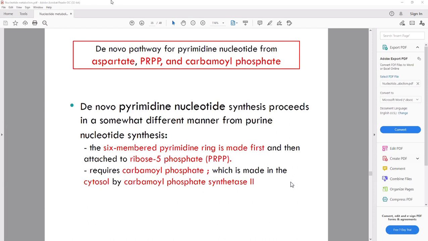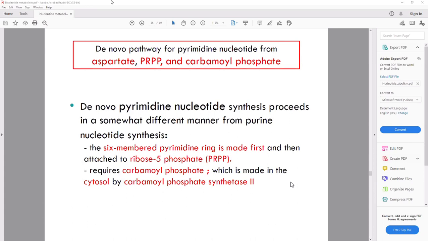So in comparison with the purine nucleotide process, purine is synthesized while automatically attached to this PRPP, but pyrimidine is synthesized separately, and then later is attached to this PRPP.